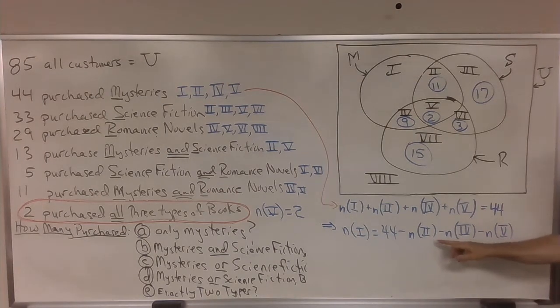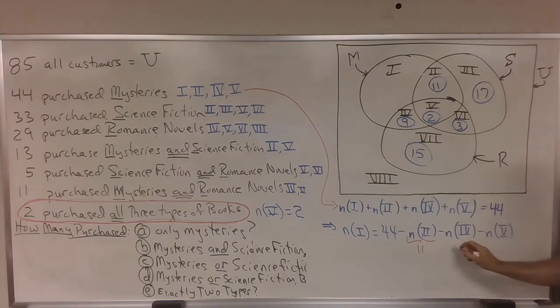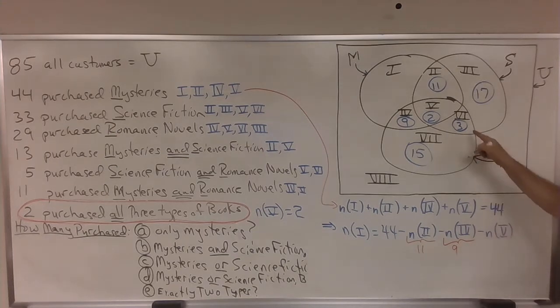And we know what all of those things are. Region 2, 11 people. Region 4, 9 people. Region 5, 2 people.